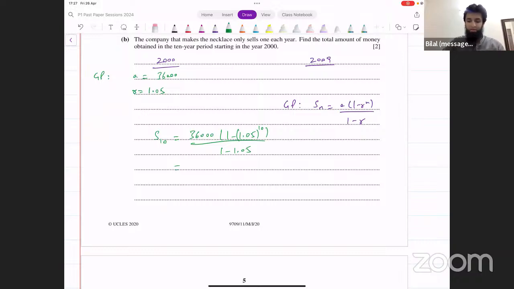Okay, just calculate this. Now, keep a lookout for this negative sign. This is outside the power. This is not inside the power. So the numerator is going to be negative. Denominator will also be negative, and they will cancel each other out, basically. So the overall result is going to turn out to be positive. Let's see what this turns out to be. 36,000 into 1 minus 1.05 raised to power 10. The power 10 is only on 1.05.